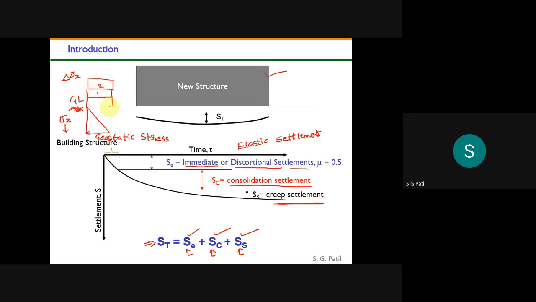Due to this structure, what is the stress increase here? That I should know, delta sigma z. Once I know this delta sigma z, only then can I calculate your immediate or elastic settlement, consolidation settlement, or creep settlement. To calculate these settlements, the first job is to find out this delta sigma z. How to find it, we'll see.